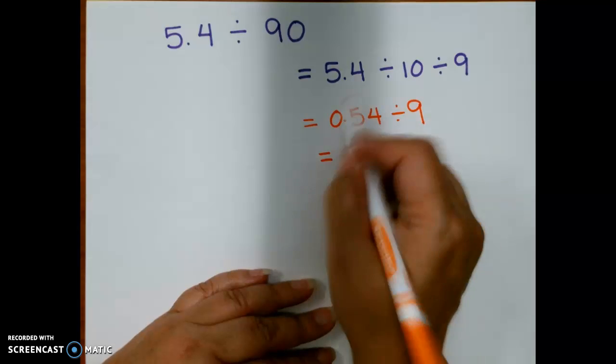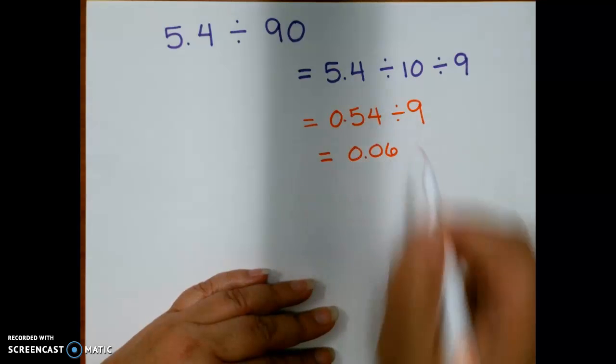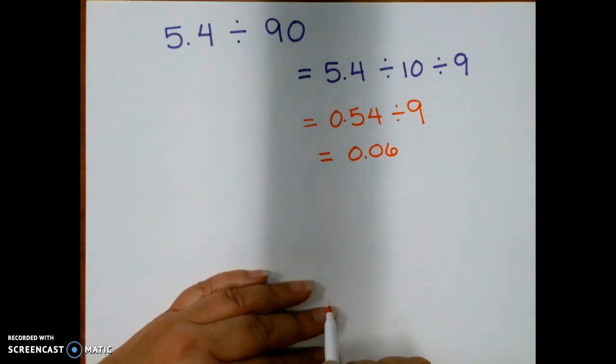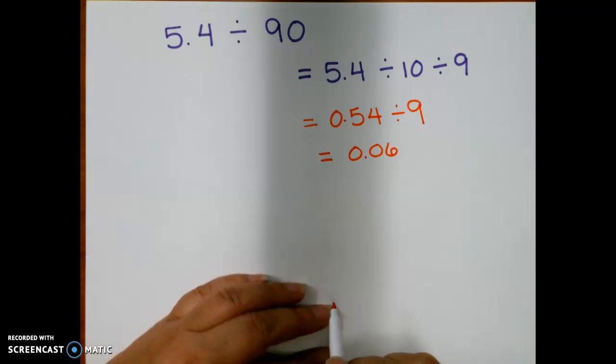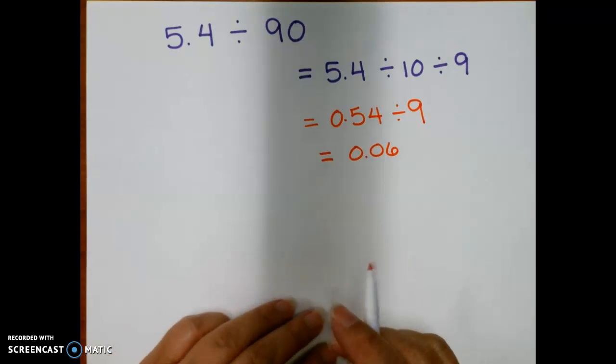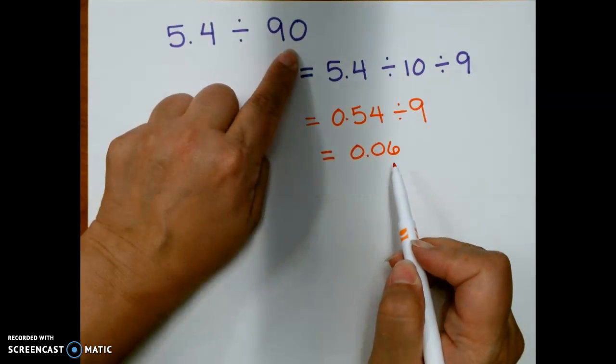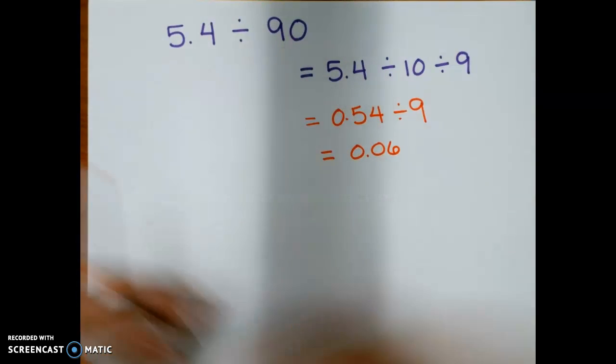This is 54 hundredths, so I'm going to have 6 hundredths. And again, if I wanted to check it to make sure, I would multiply my quotient by my original divisor.